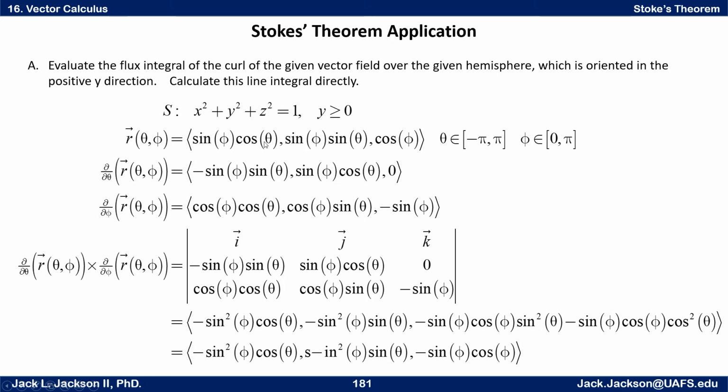Y is rho sine phi sine theta, but rho is 1. And z is rho cosine of phi, but rho is 1. So it works out to be this. If theta runs from minus pi over 2 to pi over 2, we get the half of the sphere.